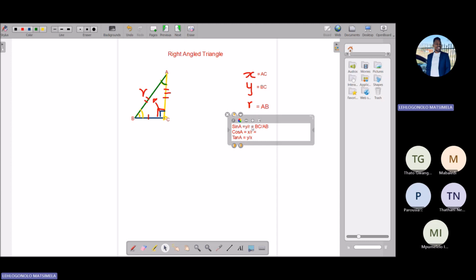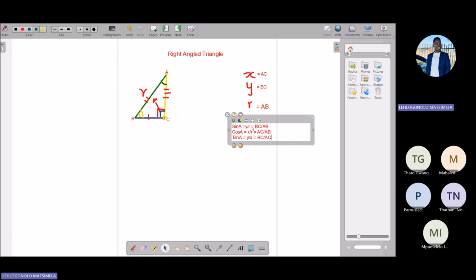And then going further, when we see cos angle A, which is X over R, we'll simply say it's AC over line AB. And lastly, tan angle, which is equal to Y over X, will simply be equal to Y, which is BC, divided by X, which is line AC.